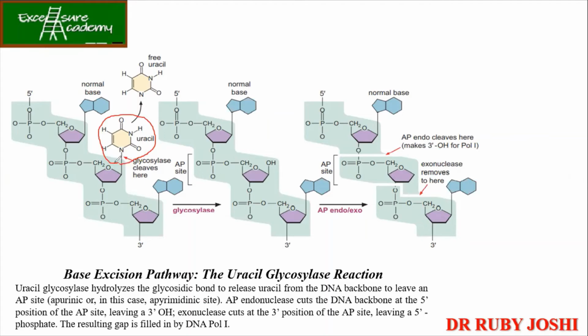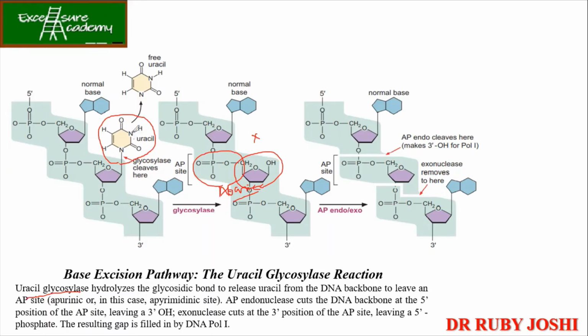Now, uracil is present, so I'm going to remove this thing. So कौन आएगा? Uracil glycosylase is going to come. It is going to remove this base. Now, can you see over here, there is no base. So this sugar and this phosphate which is present now become an abasic nucleotide.